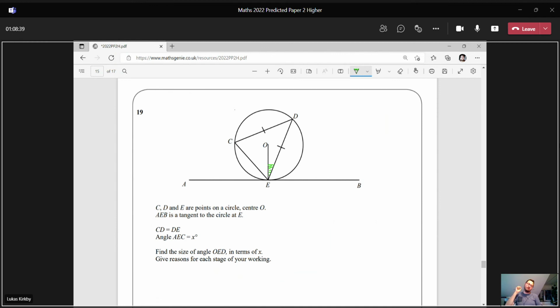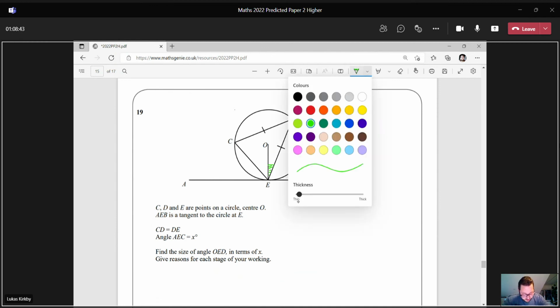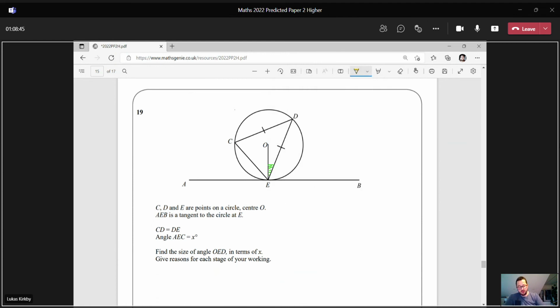Okay. So there's a couple of things we want to just note before we start. So the first circle theorem that we're going to use is the fact that a radius connected to a tangent is always at a 90-degree angle. So this angle here is 90 degrees. So that's the first thing we're going to use. So it says give reasons for each stage of your working.